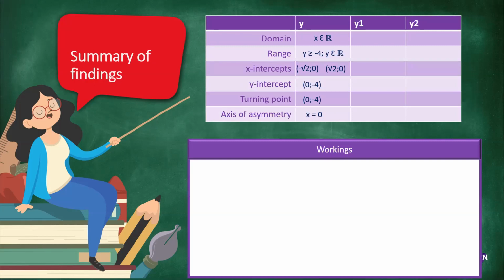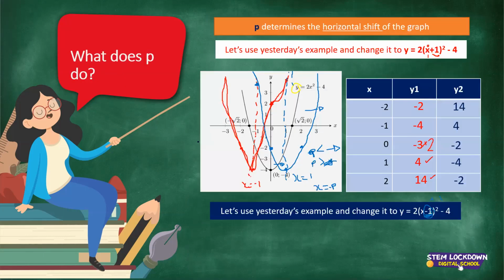Okay, so our domain on y1, let's go back to y1, still is x is an element of real numbers, because our domain could be any number. This graph could go on and extend out forever. There are no limits on x, and there's no point at which x is undefined. So x remains an element of real numbers.